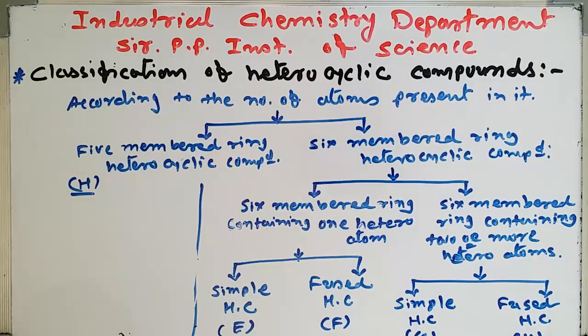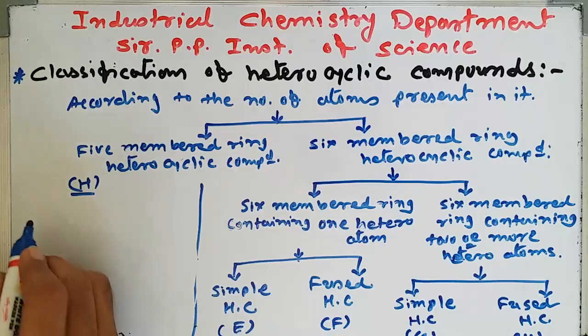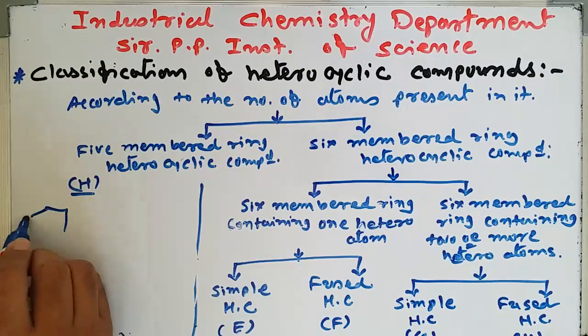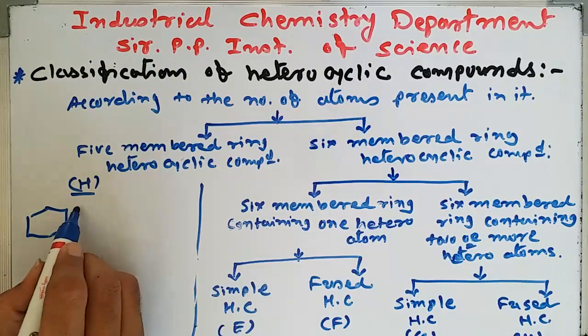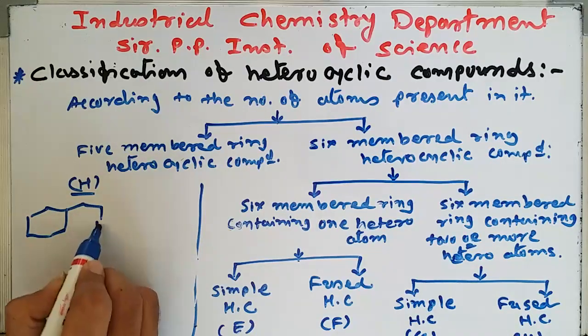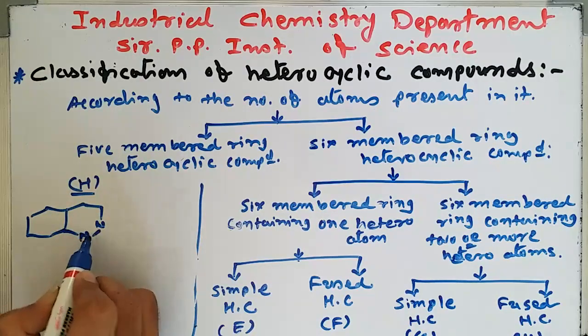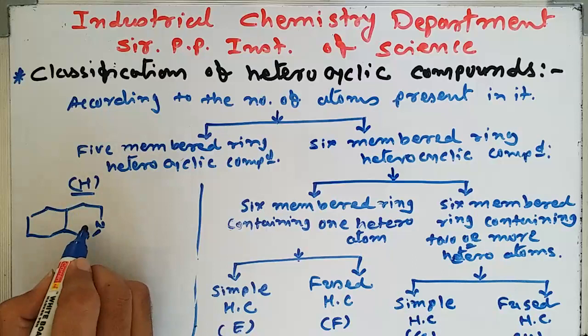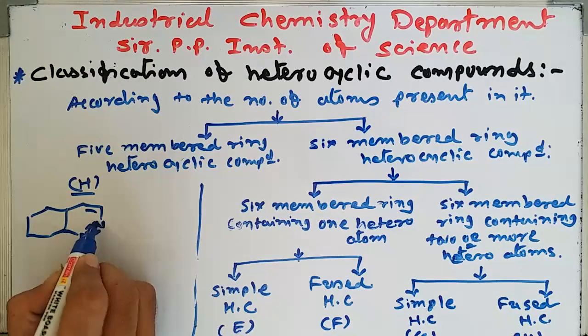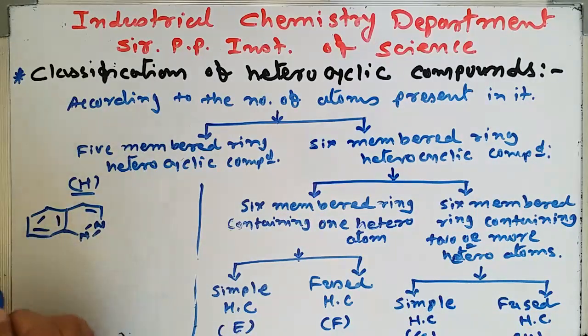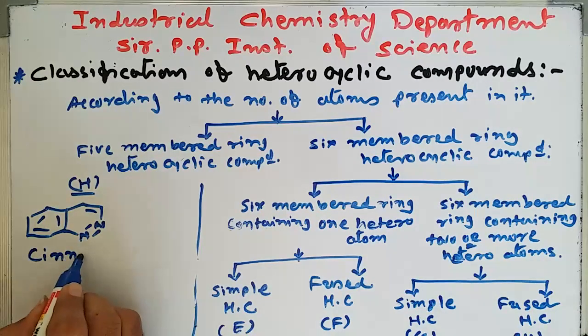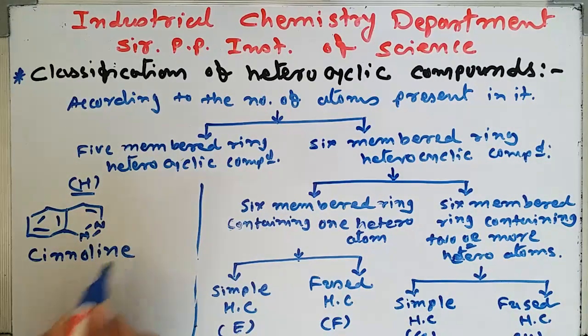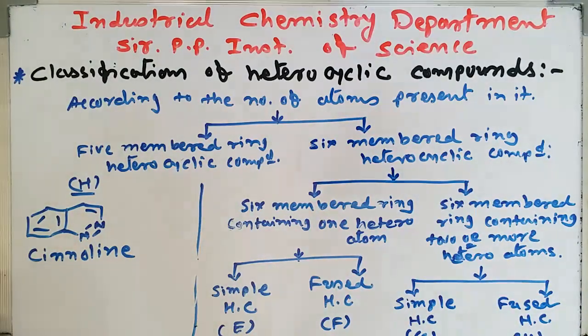For example, this compound, a six-member ring containing 2 heteroatoms, both nitrogen, is known as phthalazine.